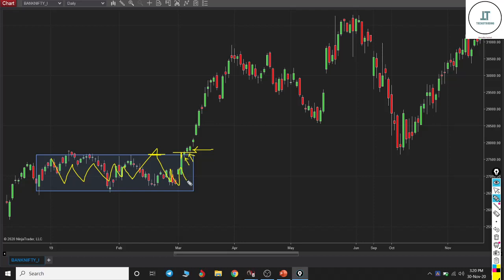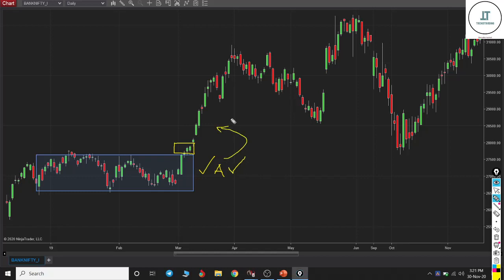If this kind of activity takes place, the more time price spends above the balanced zone after a breakout towards upside, the clearer the clue that this phase is an accumulation phase, and this price activity tells me the accumulation phase is completed.